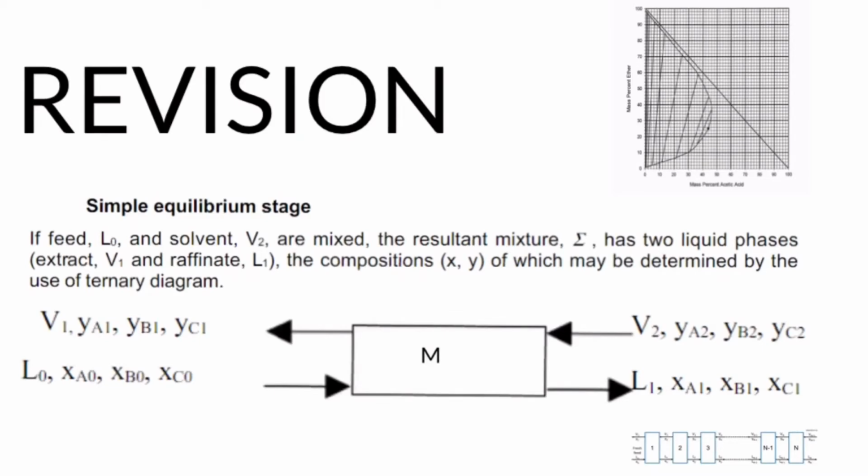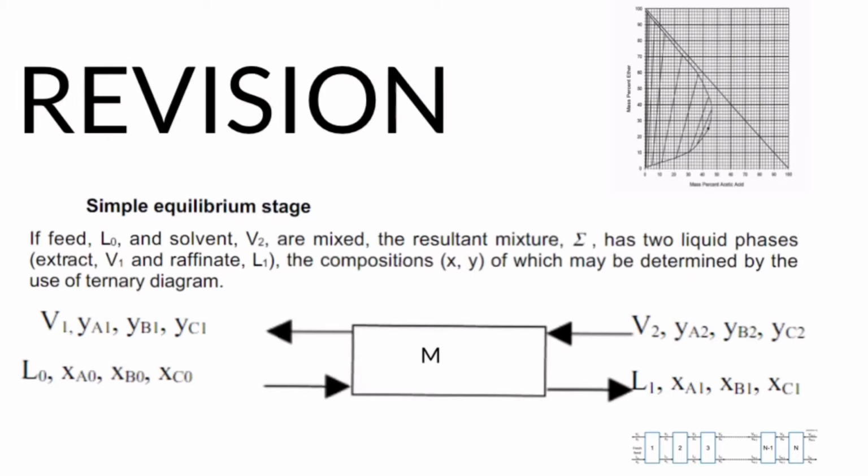Before we proceed to the problems that we are going to solve, let's do some revision on single-stage equilibrium and multi-stage equilibrium of liquid-liquid extraction. Now, let's look at the schematic diagram of single-stage liquid-liquid extraction.